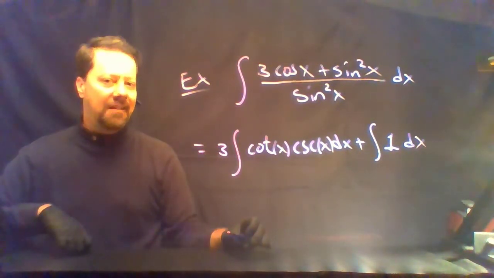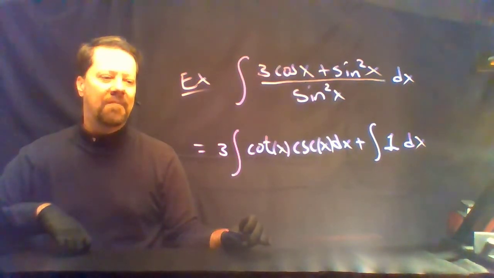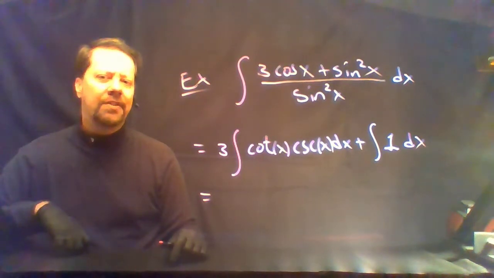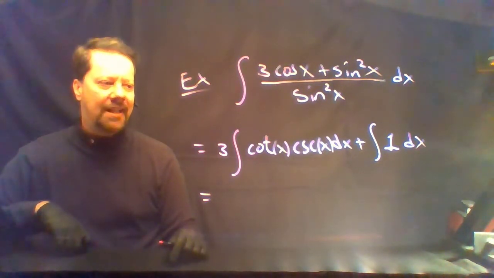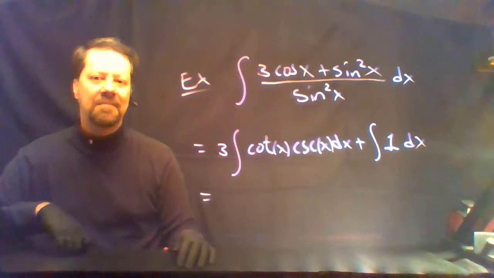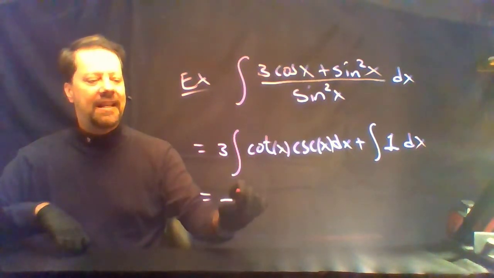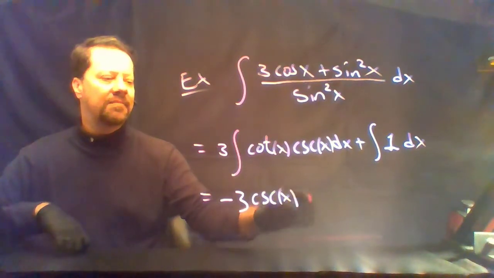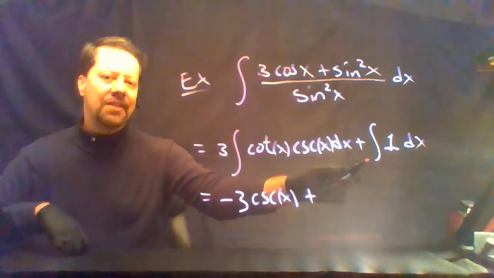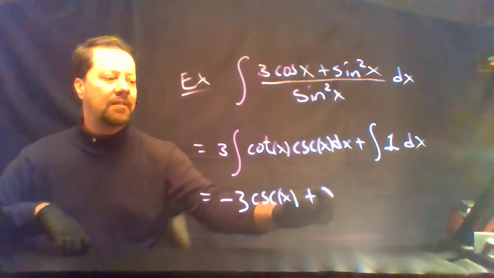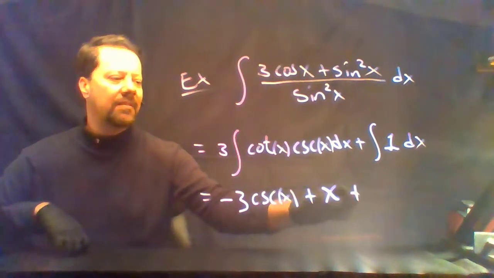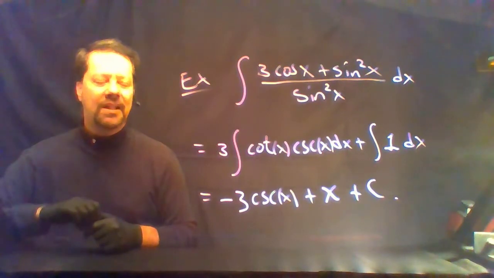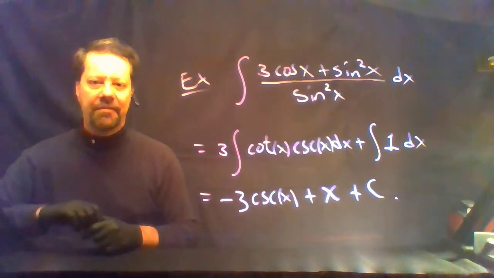We can integrate the two terms separately. On the first term, we have to think about what function has derivative equal to cotangent x cosecant x. The answer is negative cosecant x. And what function has derivative equal to 1? Well, x, of course, plus an arbitrary constant c. One can check this answer by direct differentiation.